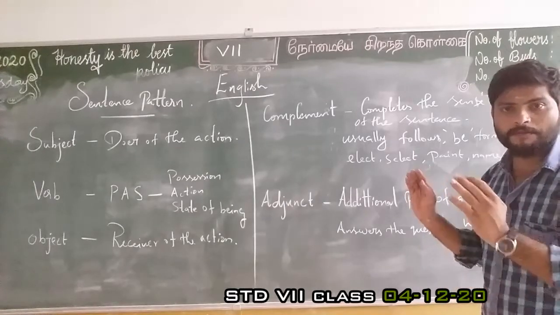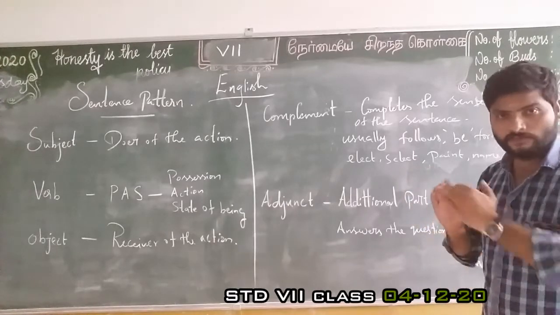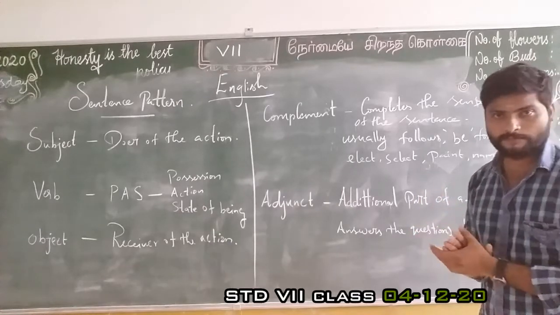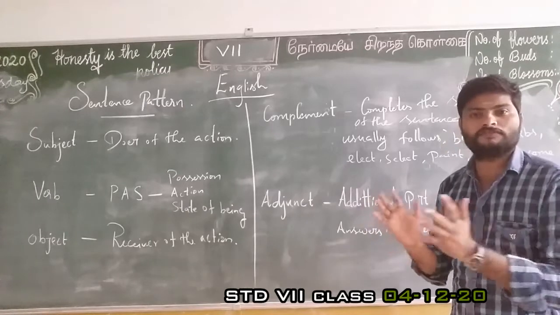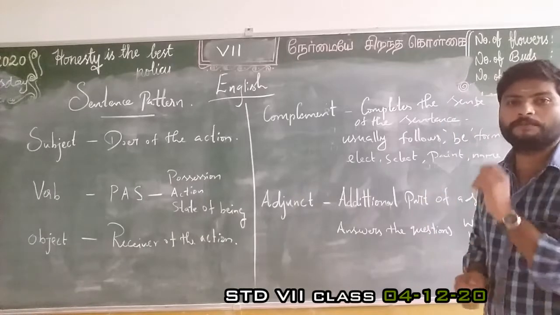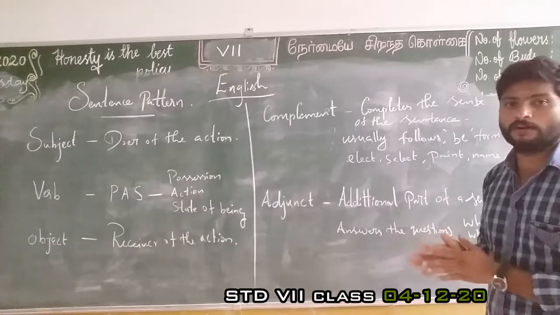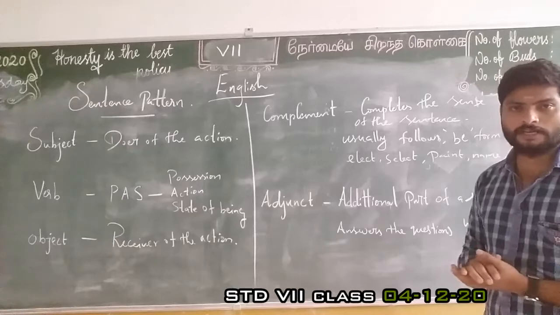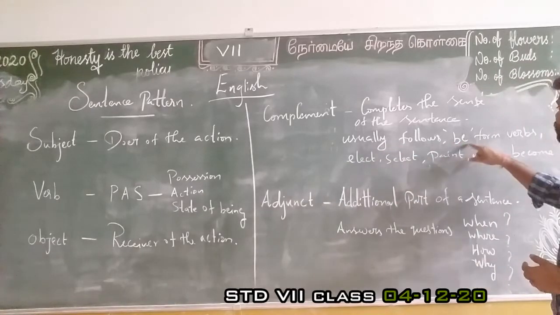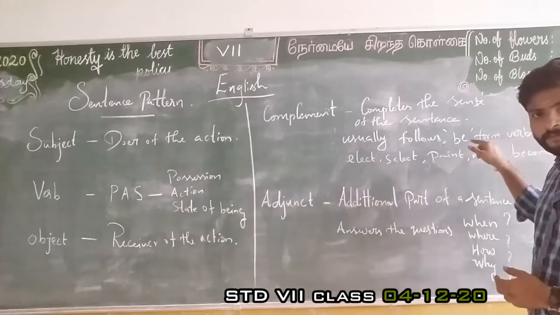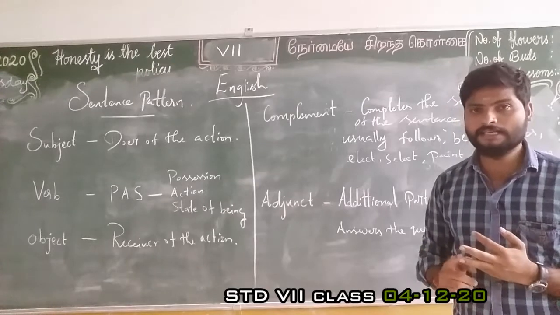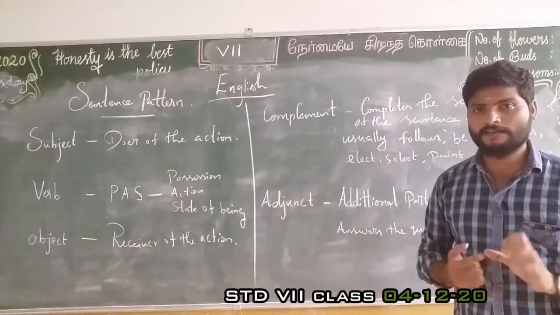If we have complement part in a sentence, if we remove it, that sentence meaning will be collapsed. We will not get complete meaning of the sentence. So that is called complement. Usually, not in all the places, the complement part follows be form verbs: am, is, are, was and were.